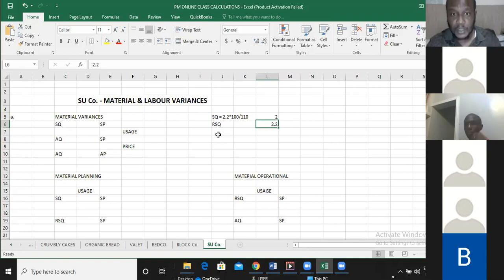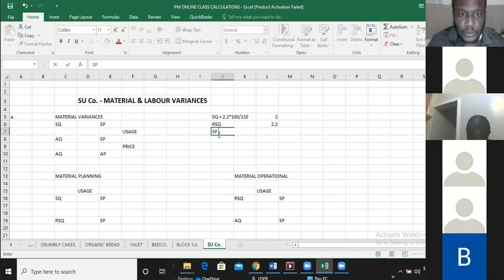Is it per unit or per meter? Per meter, so it's standard price. So our standard price will be exactly the same issue. That's 2.85 times 100 divided by 105.